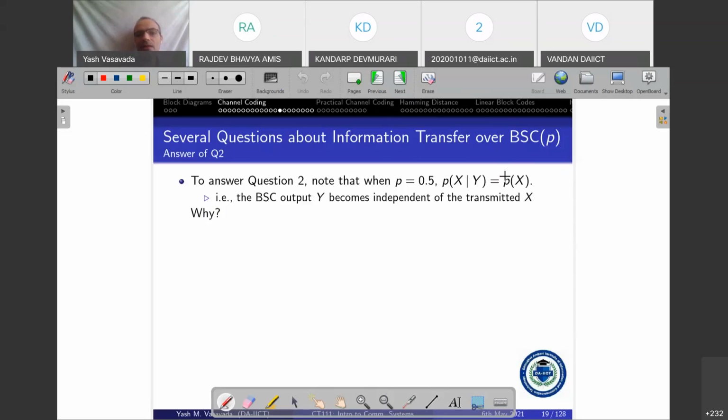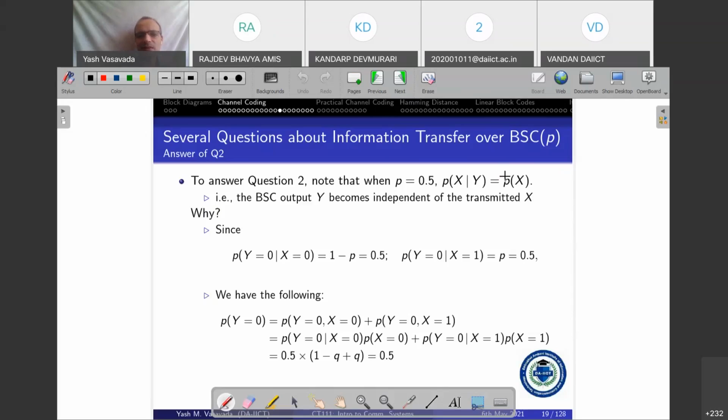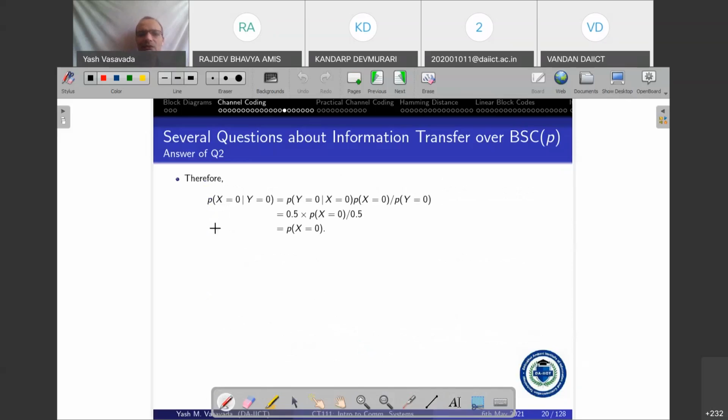So why is this the case? Well, the proof is here. Okay, I won't explain the proof. But the main idea is that when this BSC is introducing 50% errors, then the marginal on y becomes 50% also. Y equal to 0 and y equal to 1 both are 50%. And therefore, for the posterior on x, in the numerator you have 50% from the BSC channel.